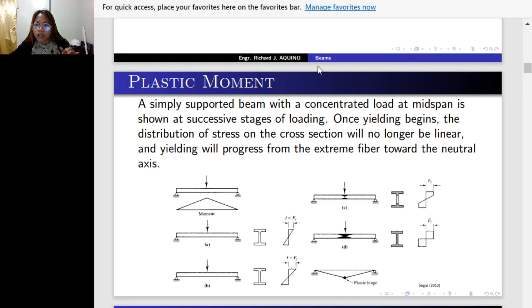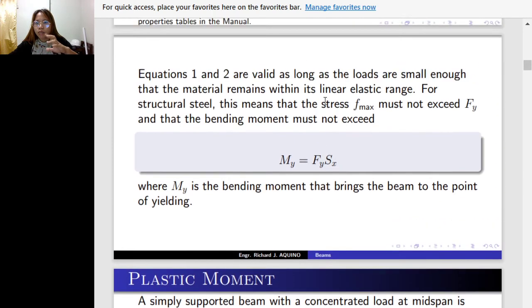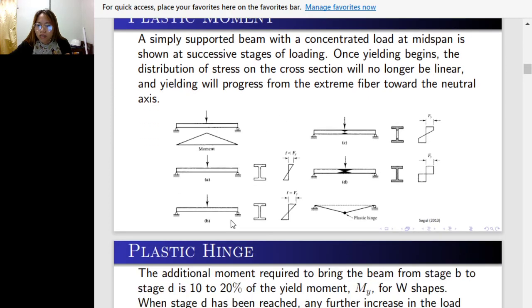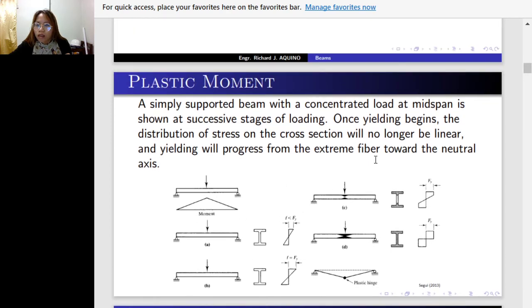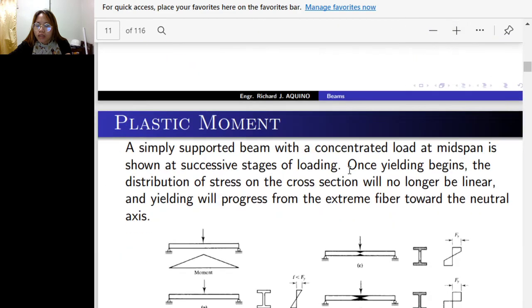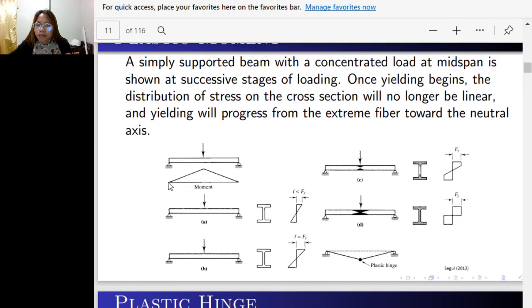So meaning, pag-amay siya load hangtod nga moabot ang iyahang mo-exceed siya sa elastic point, so ma-plastic na siya, no? So as you can see here, for the concentrated load, you have this moment, no?